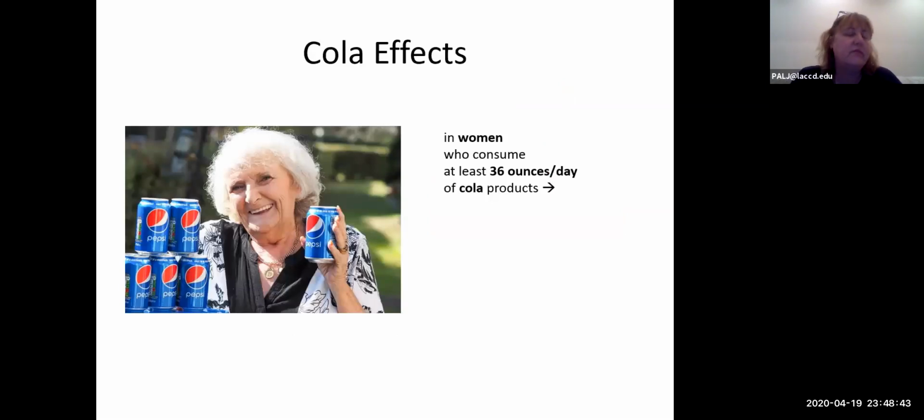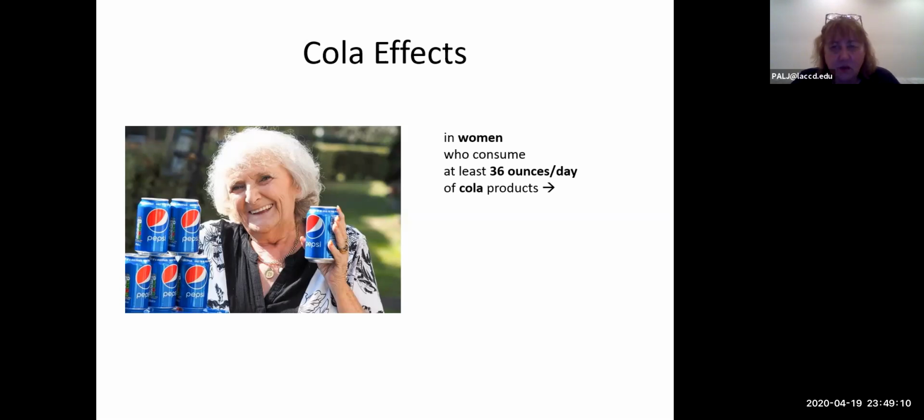So there's a lot of talk about, do people who drink Diet Coke have soft bones? Okay. And so there have been a lot of studies, and most of them say, yeah, no, not a whole lot. But there's one halfway decent study which shows that in women, only women, who consume at least 3 cans a day of cola products, okay?